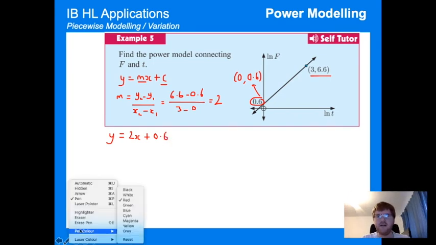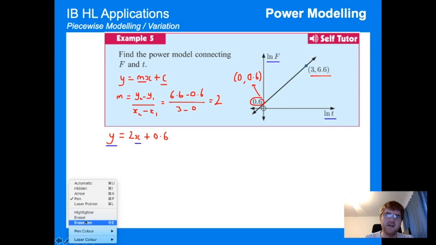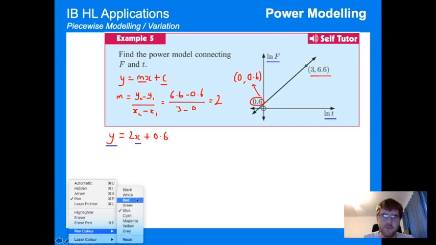However, we do not have x and y on our axes. What we have here are ln f and ln t. So where we see a y, we need to replace it with ln f, natural log of f, and where we see an x, we need to replace it with the natural log of t. Then we can work backwards to find what the power model is.